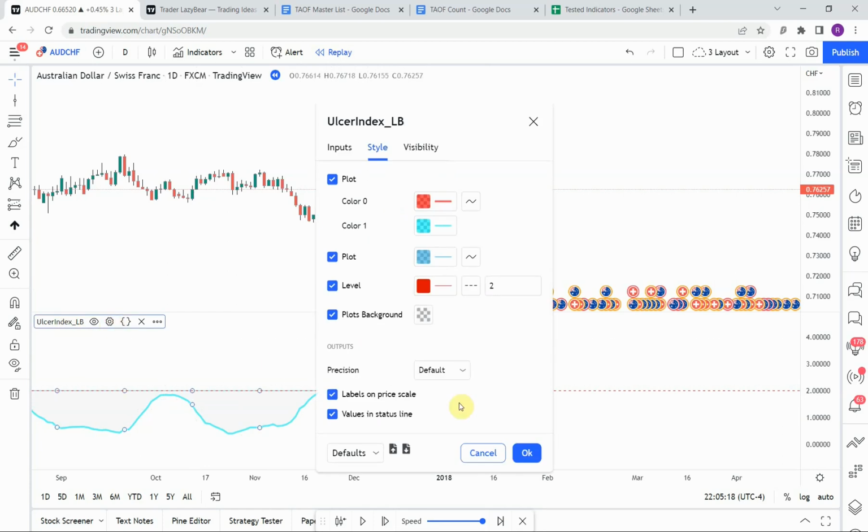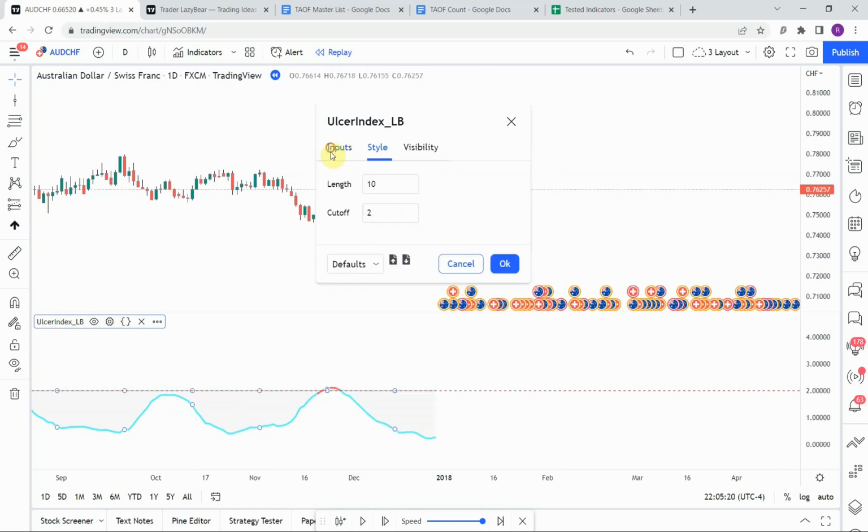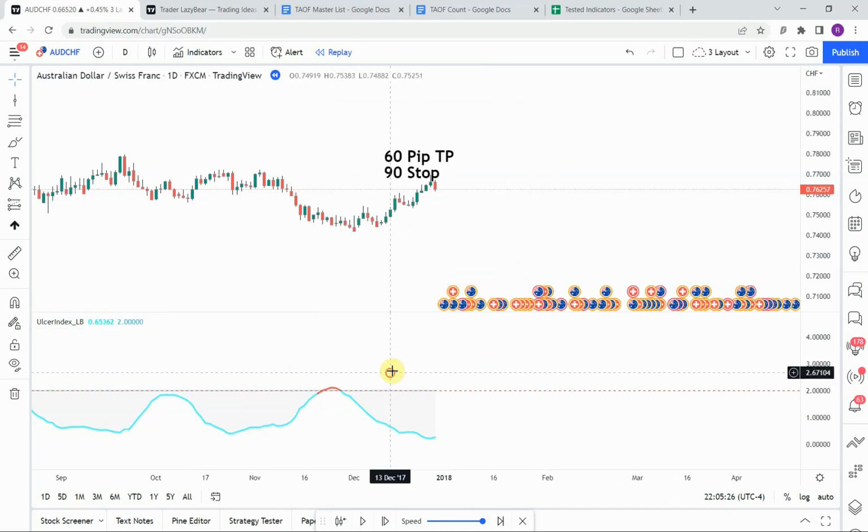This one on its default setting has an input cutoff of 5. In this case, I dropped it down to 2, and it does look like you would have to dial that number in depending on what pair or what crypto or whatever it is that you happen to be trading.